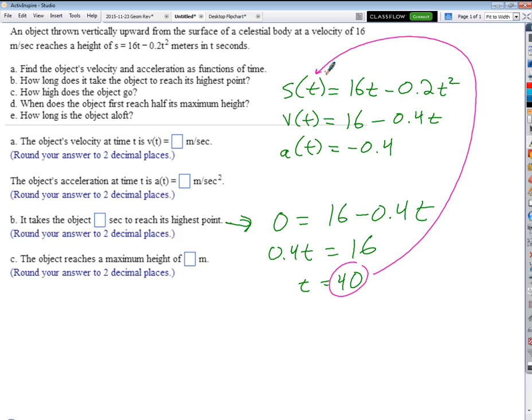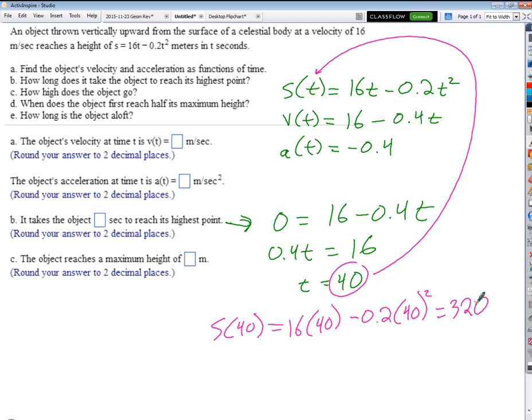So what I'm calculating is s of 40 equals 16 times 40 minus 0.2 times 40 squared. And that's going to give me 320. And that's the answer to C.